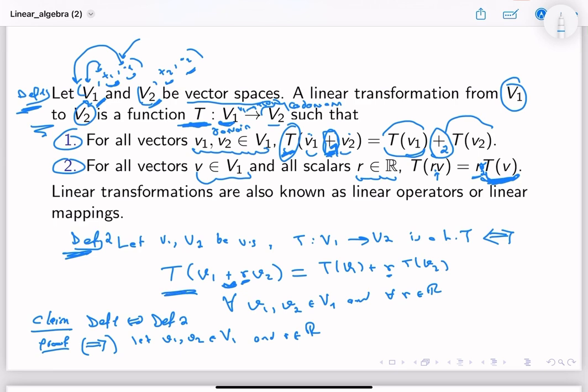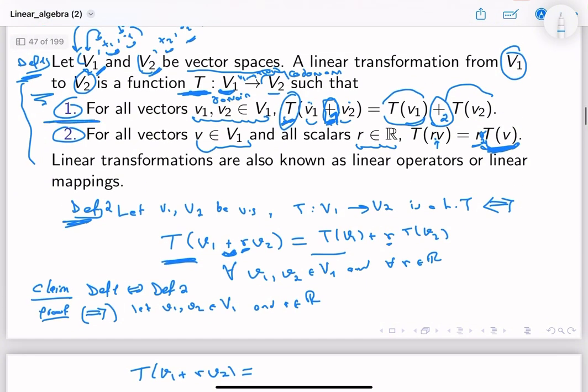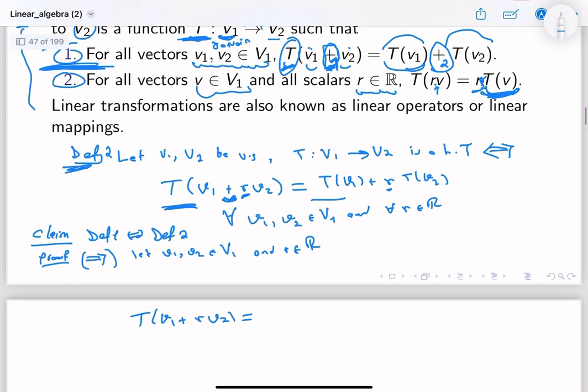We want to check that T of V1 plus R V2 is equal to the right-hand side. So T of V1 plus R V2, what is that? If we use property 1, because we're assuming definition 1, we have T of V1 plus T of R V2.